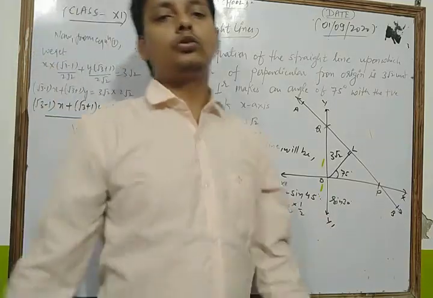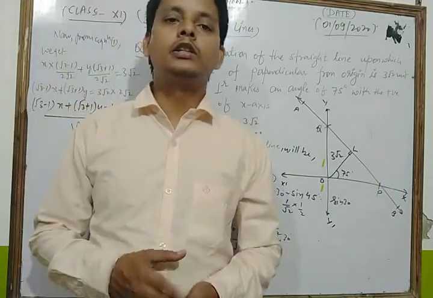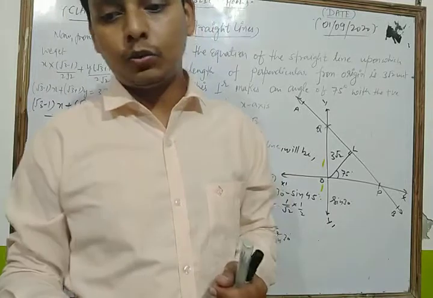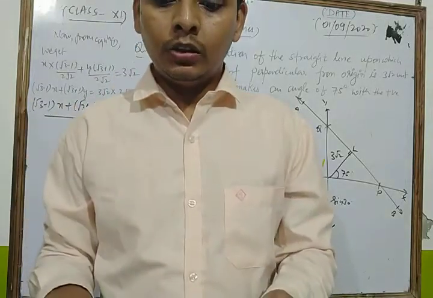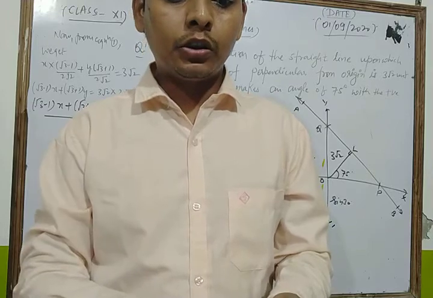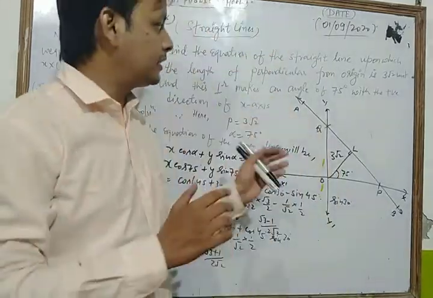So dear students, you can solve each and every question of your NCERT exercise based on this topic in this way. Now we take and solve some important questions of your NCERT exercise based on this topic.